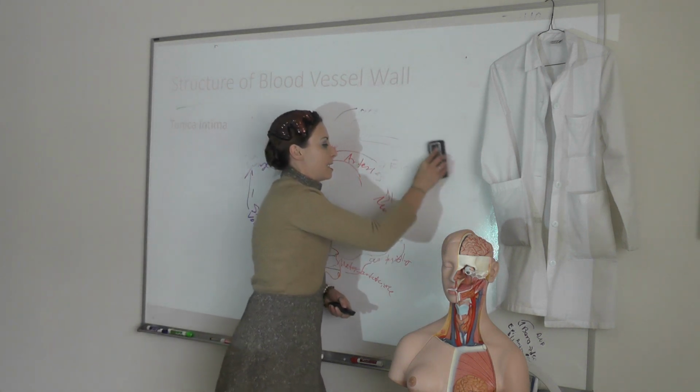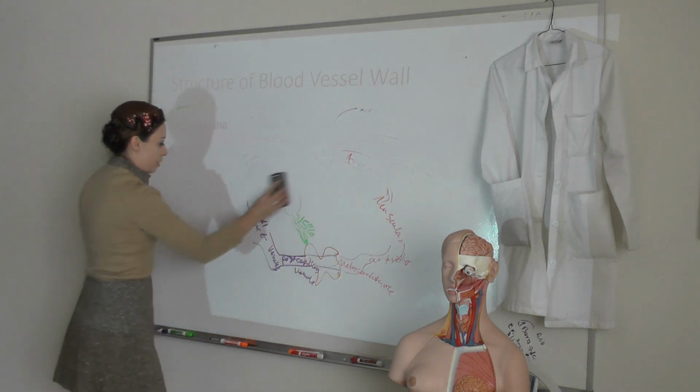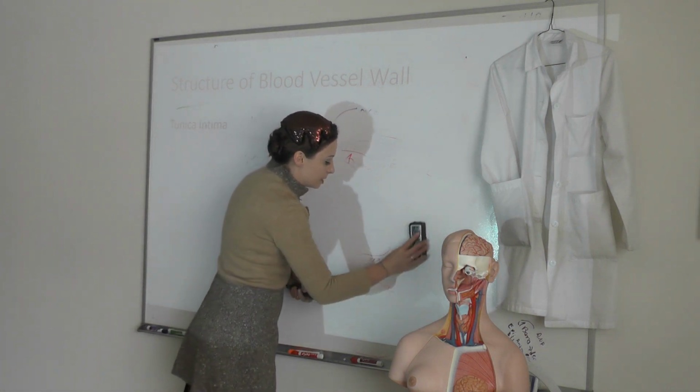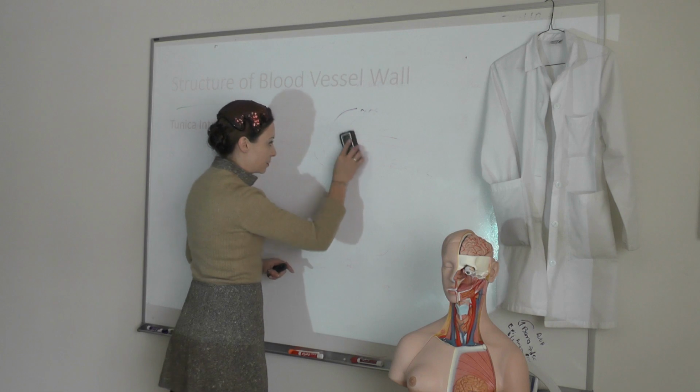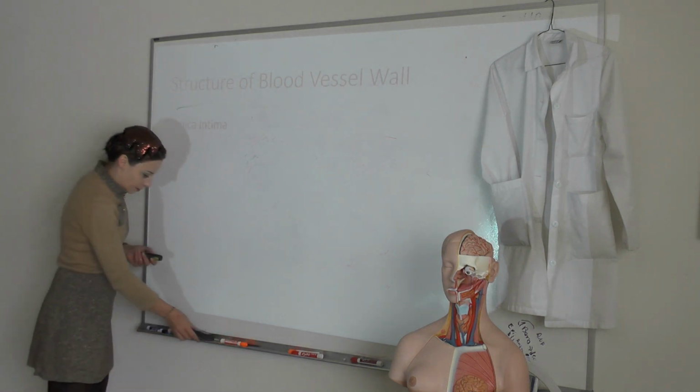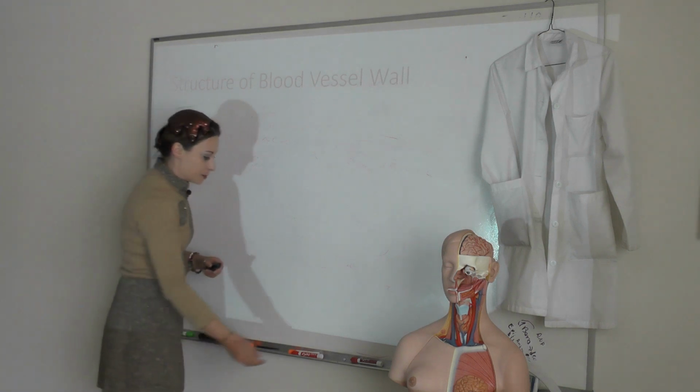Now we need to look at the generalized structure of our blood vessel walls, and then we'll look at each specific type of blood vessel and see how the differences in the layers of the wall are going to give different properties to different blood vessel types.